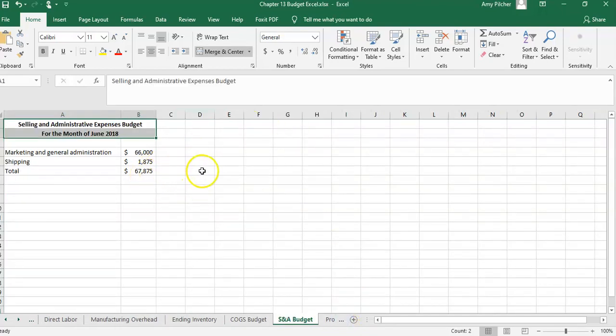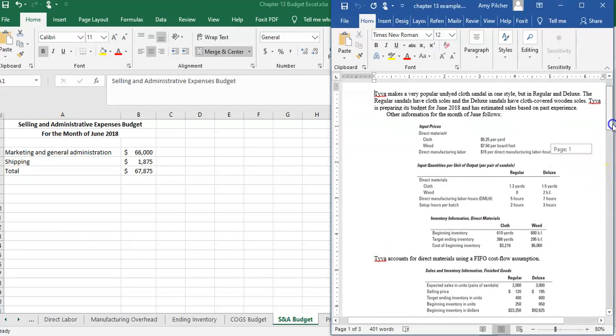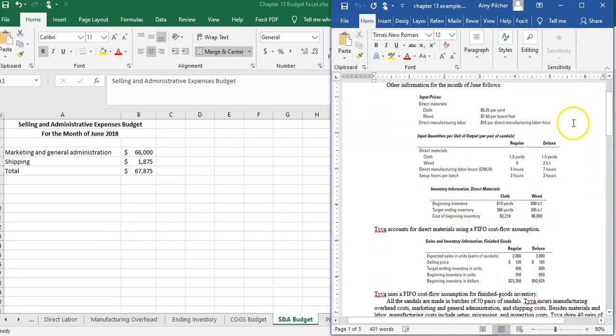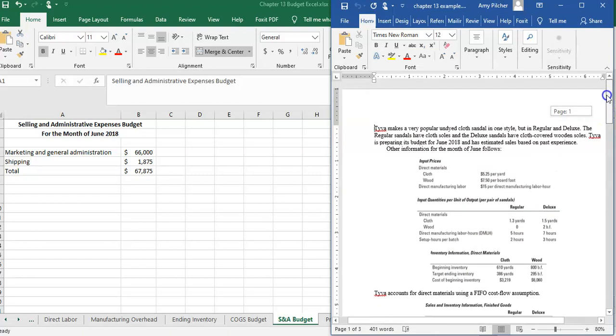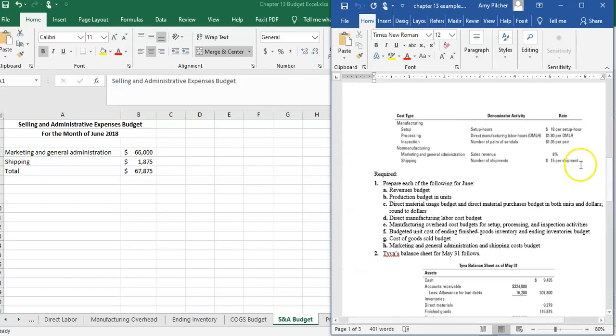Then we look at our selling and administrative expenses budget. So our problem tells us that our selling and administrative expenses are 8%. We have marketing and general administrative expenses that are 8% of sales revenue.